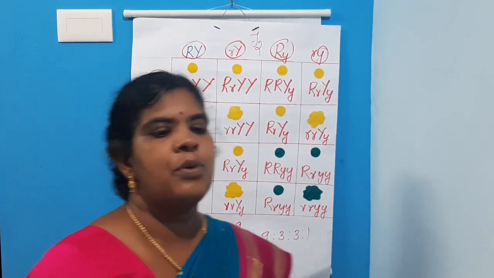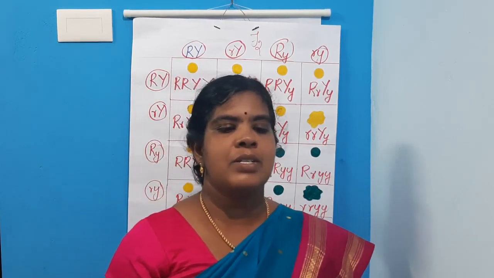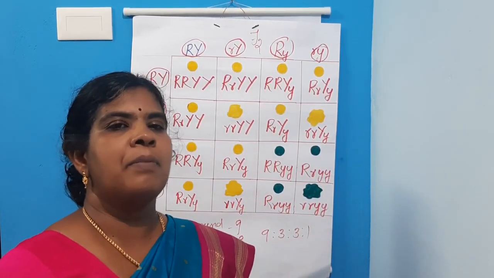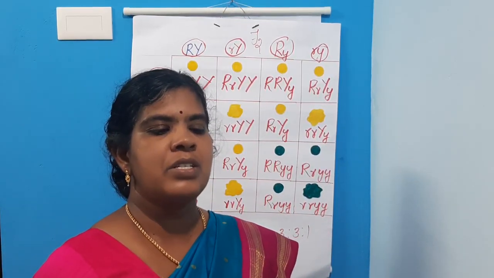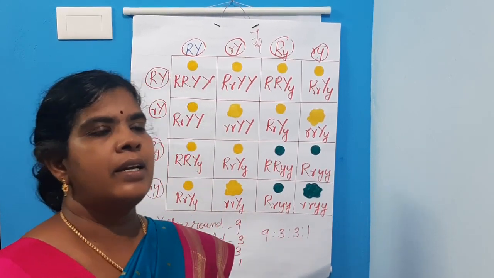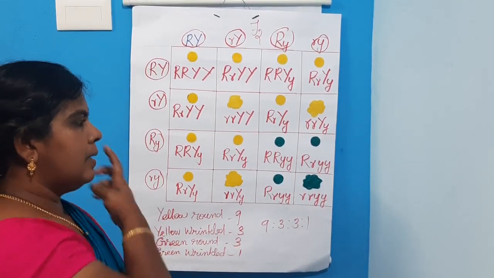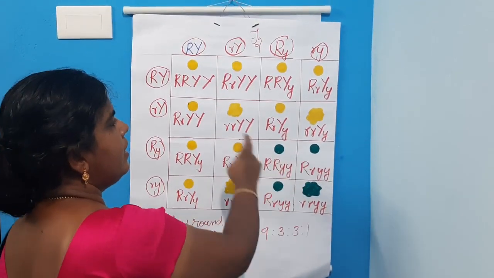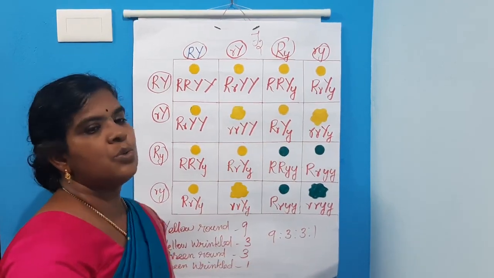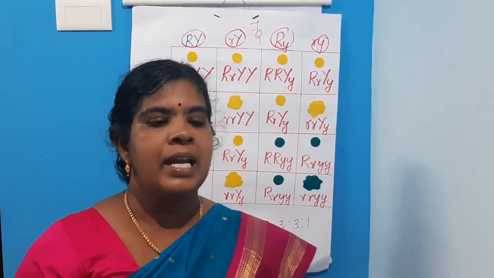So these are the 4 types of plants formed in F2 generation. 2 new combinations are formed, that is round green and wrinkled yellow. These 2 are the new combinations of traits formed in F2.